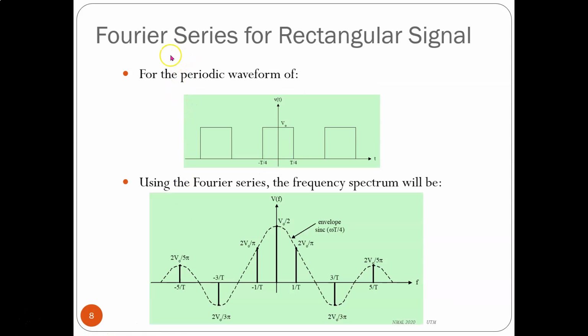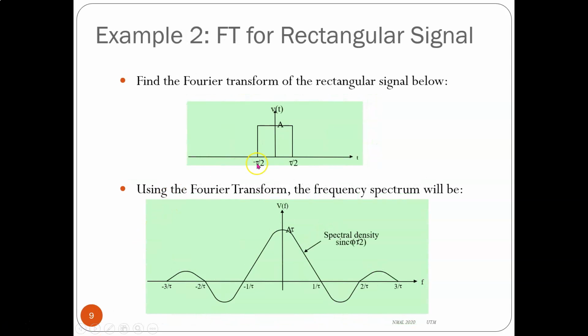Recall the Fourier series for the rectangular signal. For the periodic waveform of this rectangular signal, the frequency spectrum will be these lines here, in terms of the impulse function. As the period of the signal approaches infinity, it becomes a single pulse signal.